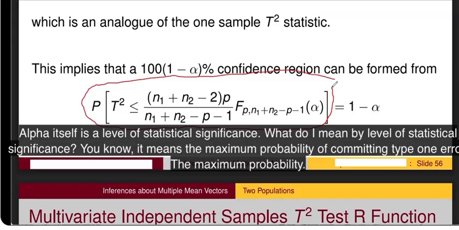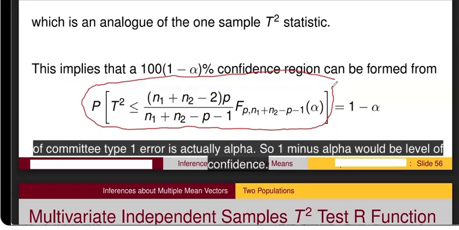Alpha itself is the level of statistical significance. What do I mean by level of statistical significance? It means the maximum probability of committing a type 1 error, which is alpha. So 1 minus alpha will be the level of confidence.